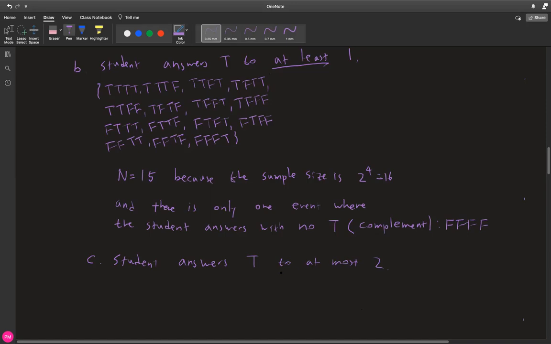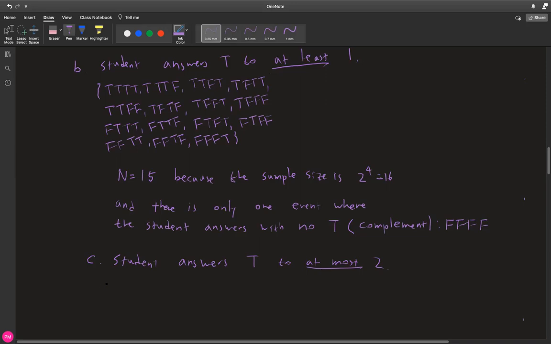So this implies, as the language suggests, that the student can answer no T, meaning all false. They can answer with 1 T, so 3 false, or 2 T's.